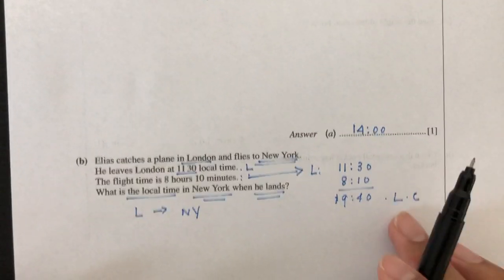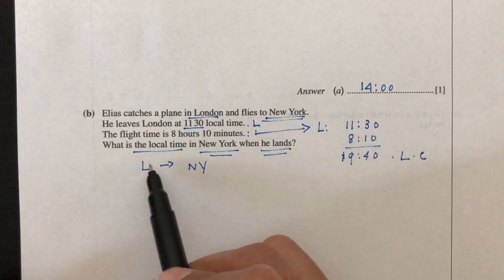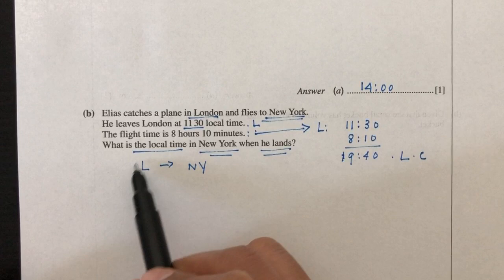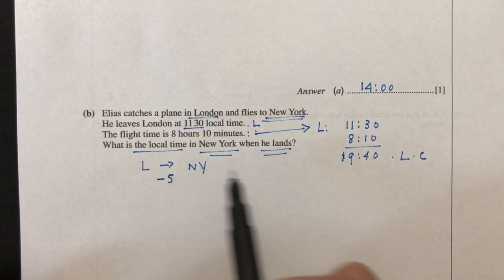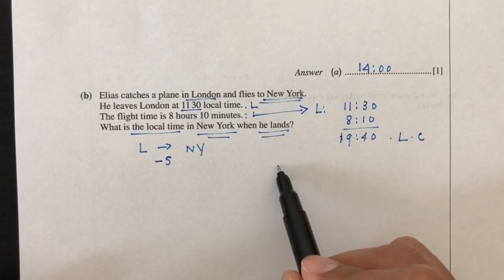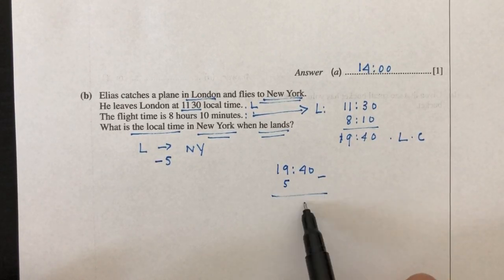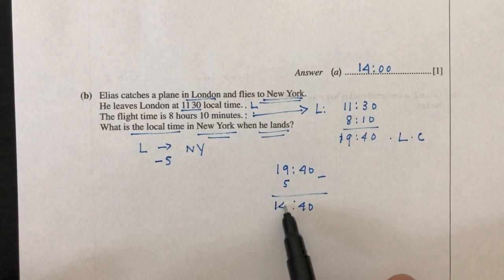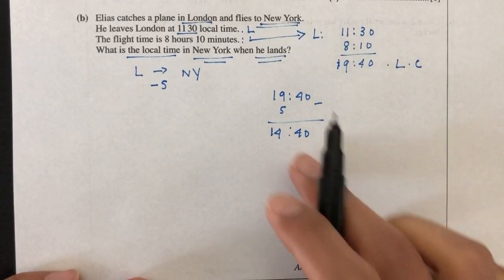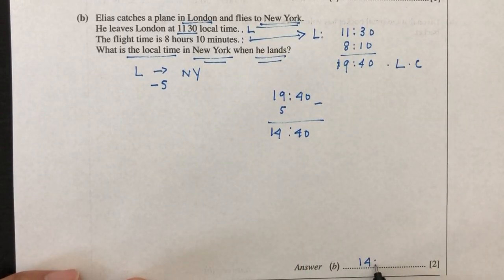So New York is 5 hours earlier. If you want to change the time from London to New York, you have to minus 5. So 19:40 minus 5 will be 14:40. So he will be arriving in New York at 2:40 p.m. That will be your answer for part B.